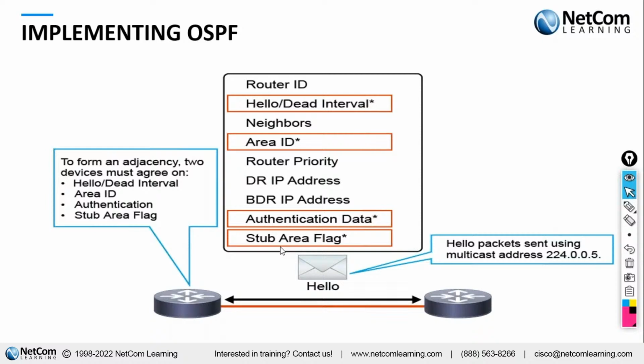And sometimes you have different types of area. If you want to configure stub area and both routers are in that area, then they're gonna make neighbor relationships. And you guys remember, whenever routers build neighbor relationship, they always use multicast address 224.0.0.5. So on this multicast address, these two devices basically communicate with each other.